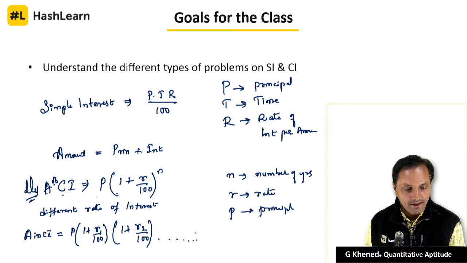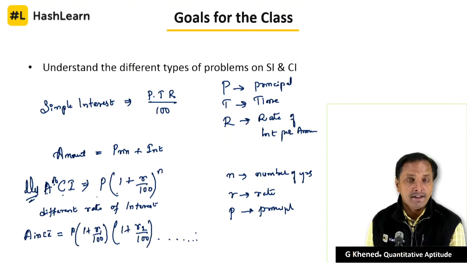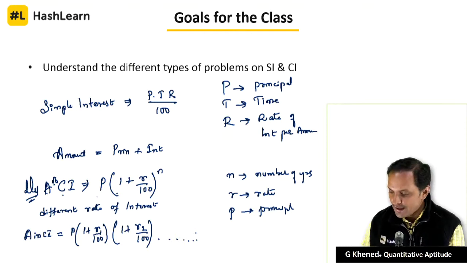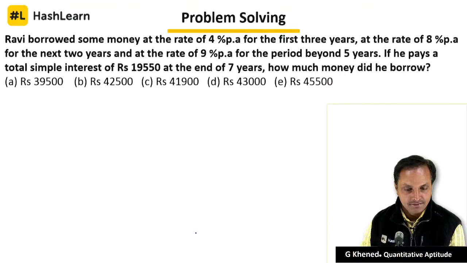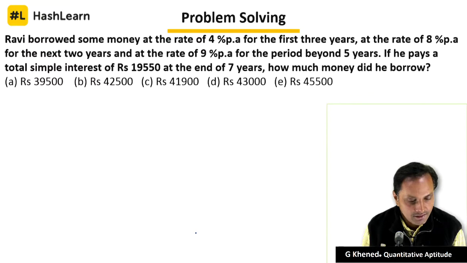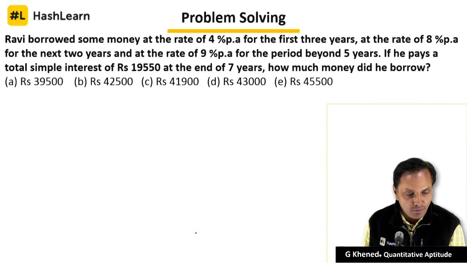Okay, fine. So these were the important formulas which you will be using in simple and compound interest problems. Let us take an example and understand the basics of simple interest and compound interest.